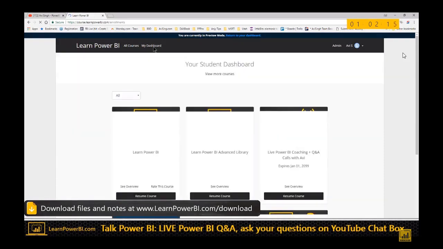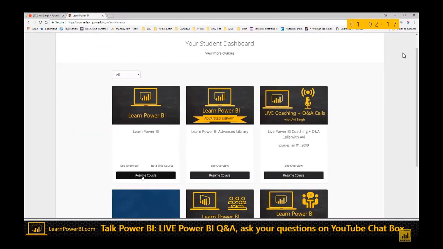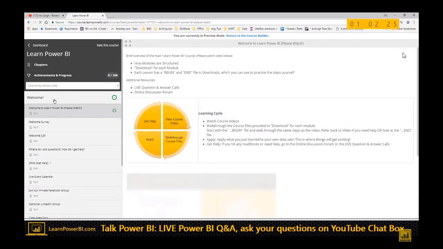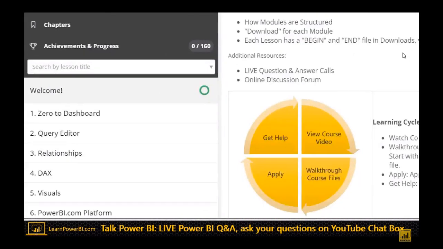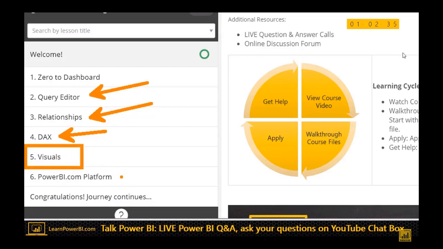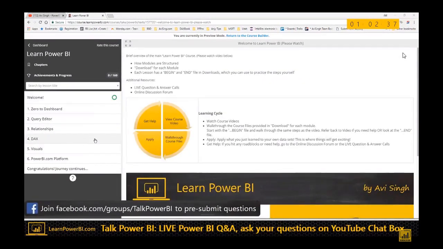It's what's under the hood. A lot of people get distracted by just the visuals, but once you dive into it, you pretty quickly realize that's not where the real strength is. It's in the query editor, understanding relationships, understanding DAX, and sure, once you have done all that, then the visuals come easy. And then of course I also talk about the PowerBI.com platform.